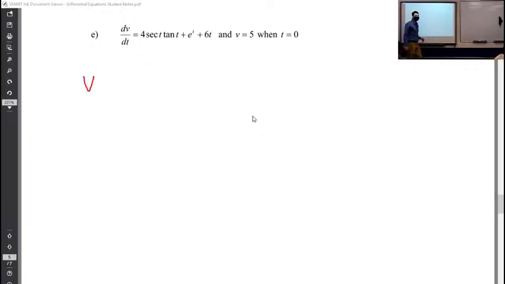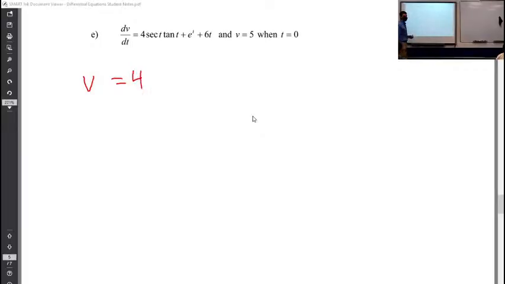We're using V. Just to mess with you, we're not using X and Y anymore. But the process is still going to be the same.